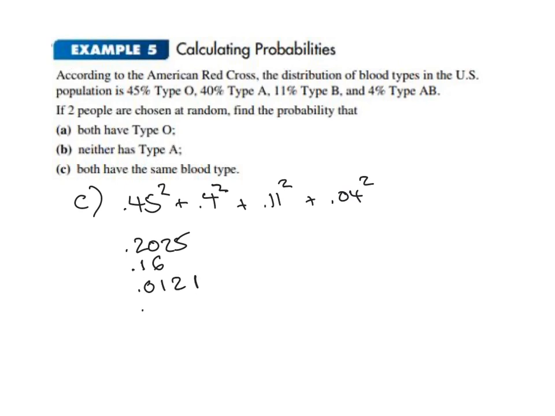And the fourth is, my mistake, the last one is 0.0016. Adding these up, we get 0.3762. So the probability of both having the same blood type is about 37.62%.